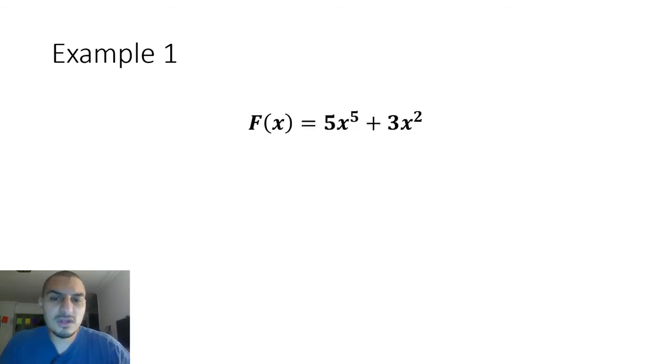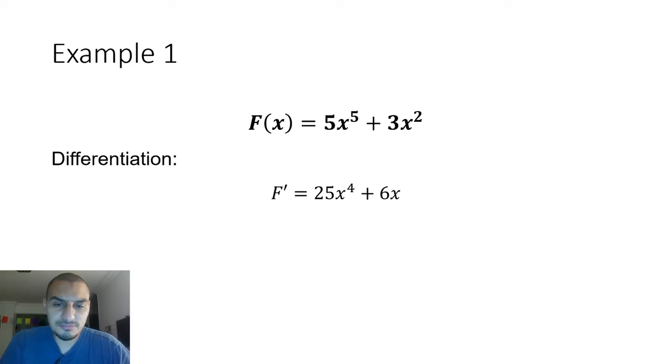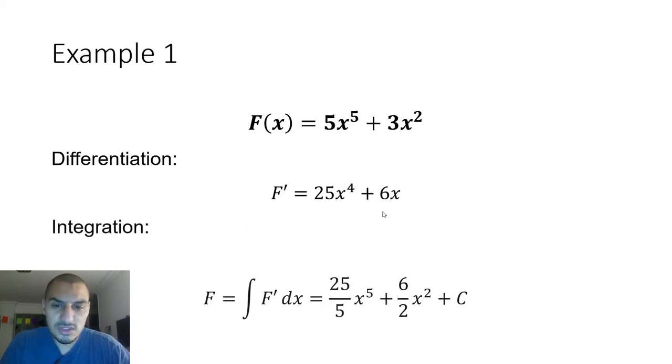So first, a very simple case like this, if this is the function which is f of x, you do differentiation, then you multiply this by this and subtract 1 from the power, multiply this by this, you end up with the 6, and then subtract 1 from the power. So this is what the f dash would be. And if you're gonna do the integration, it's gonna be the opposite.